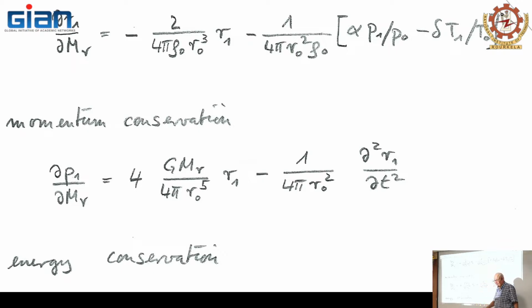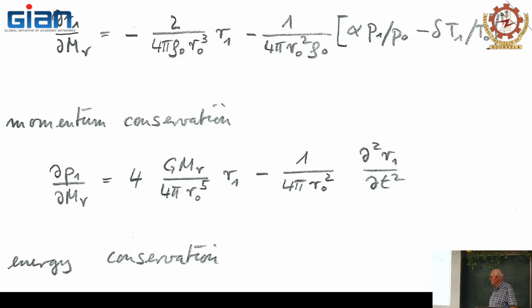Then this can be taken as a quantity in the hydrostatic model, so we have to take only 1 over 4 pi r naught squared here. I've shown this explicitly on the blackboard, so I don't need to comment on this anymore. There is a plus 4, and the plus 4 comes from here. The minus and the minus cancelled, so this is plus 4 here.